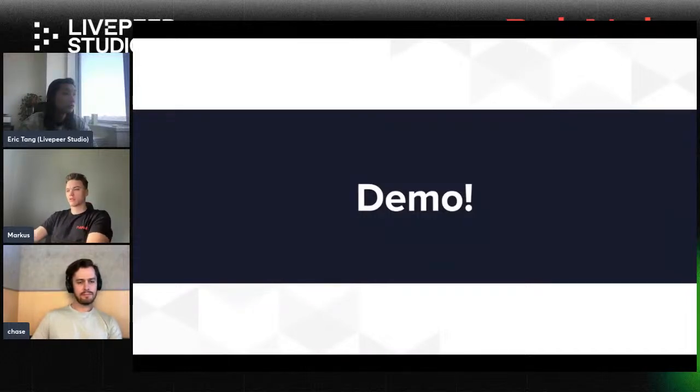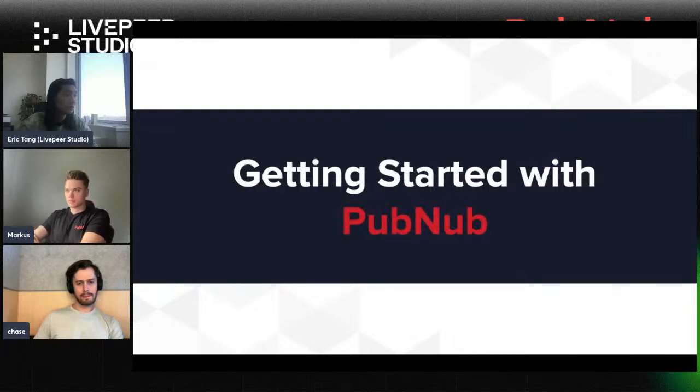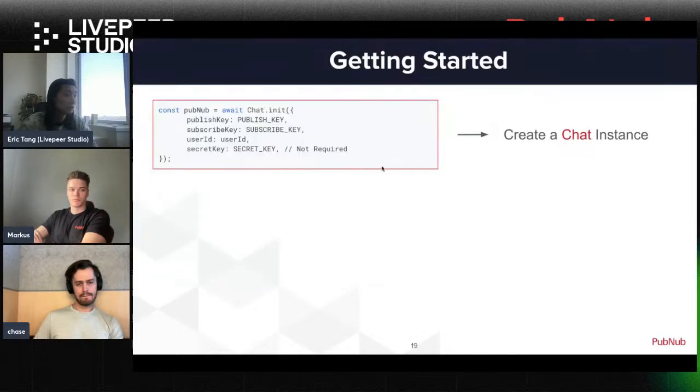I'm just going to go over quickly, zoomed in on the functionality, in case all the other code got in the way, just to simplify how to actually implement the Chat SDK. The functions that power that demo are first the initialization function.